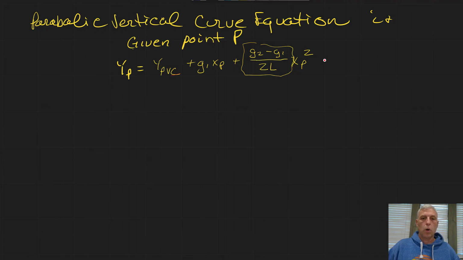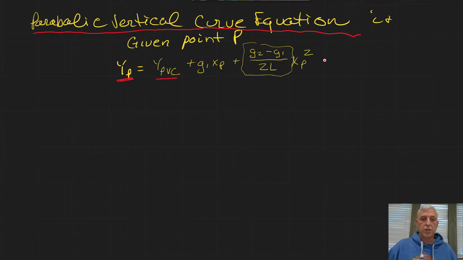So if the parabolic curve, just as review, is if we're given a point P on a curve, then the elevation of that point, or y of P, is equal to the elevation of our BVC or PVC, interchangeable notation, plus, so PVC is point of vertical curvature, where BVC is beginning of vertical curve. It's the same thing. You'll see them used interchangeably.